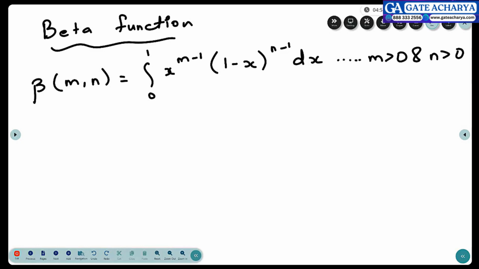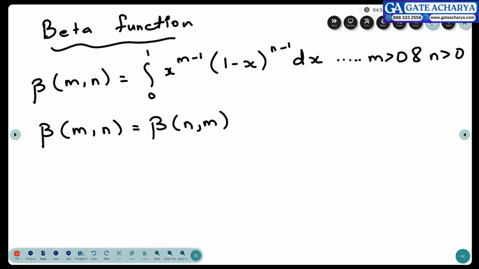Now, beta function of m comma n, if I replace that by n comma m, they are one and the same. That is, if you change the powers, it doesn't make any difference in the values. That is, if n minus 1 power is taken here and m minus 1 power is taken here, it doesn't change the value of the function.